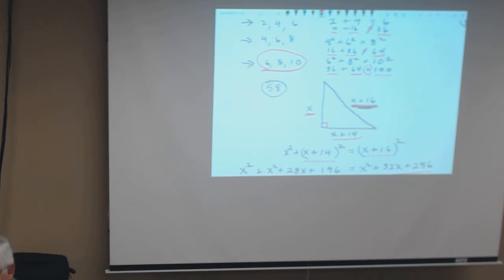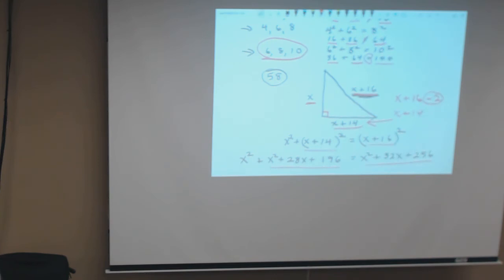Everybody follow where I'm getting my numbers? This one's x, this one's 16 longer, and this one is x plus 16 minus 2, which would give me x plus 14 for this one here. Then I use the Pythagorean theorem, x squared plus x plus 14 squared equals x plus 16 squared.